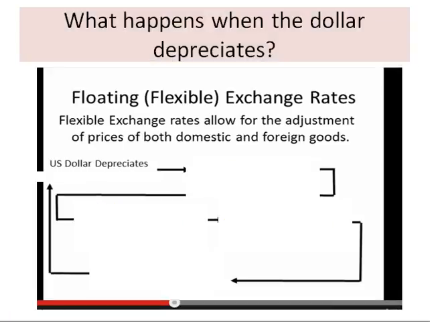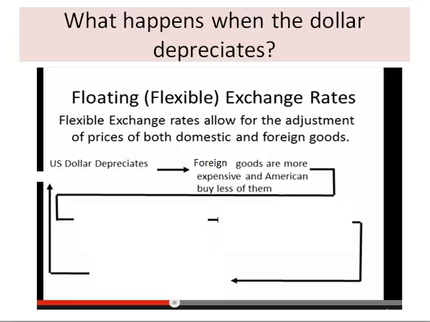With that, we can do this in reverse and ask, what happens if we start with US dollar depreciation? Something causes the US dollar to fall relative to other currencies in the world, and foreign goods are then more expensive, and Americans buy less of them.